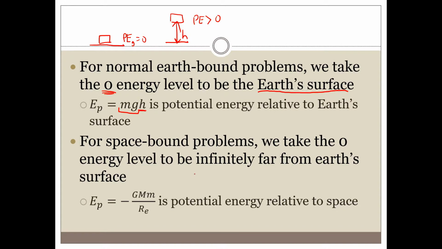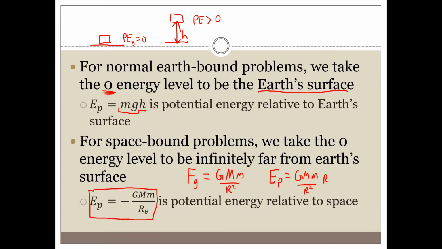If you recall from previous lessons, our universal force of gravity was GMm over r squared. And if we were to calculate the potential energy for really far away objects, potential energy would be basically the force of gravity, GMm over r squared, times the distance that they're separated. So this simplifies to this equation here.